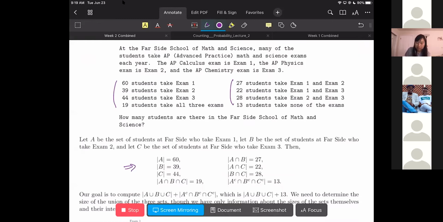So we see the number of people who took each, the number of people who took both, the number of people who took all 3, and then here we use the C to denote the complement, which is how many people took none of them.